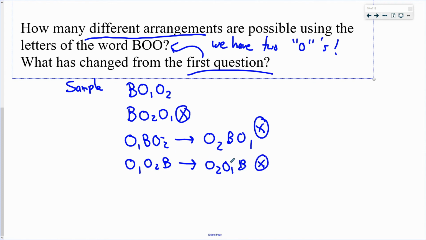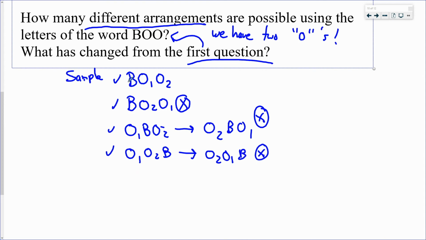It's still O, O, B. Oh, sorry, this one's wrong. That's what made me confused. So as far as unique arrangements go, you have 1, 2, 3. So there are 3 unique ways.